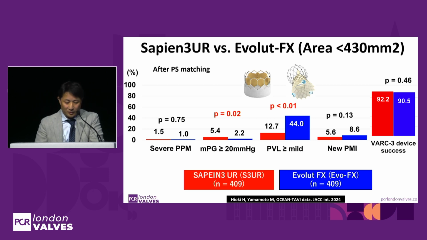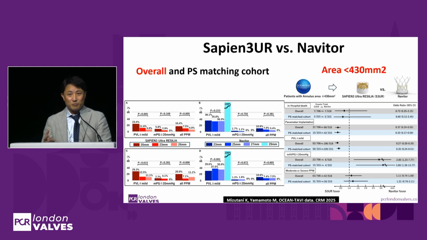The VARC-defined device success is equal. Okay, so let's move on to the balloon expandable valve versus the intraannular self-expandable valve. The left side panel shows the overall and PS matching cohorts concerning mild PVL, the incidence of mean pressure gradient more than 20, and incidence of PPM.